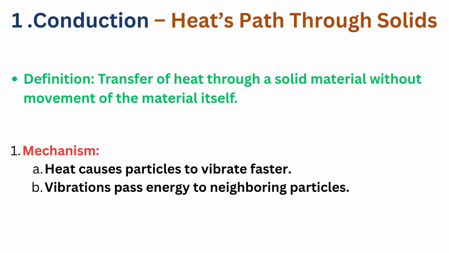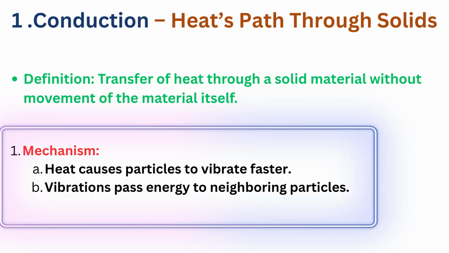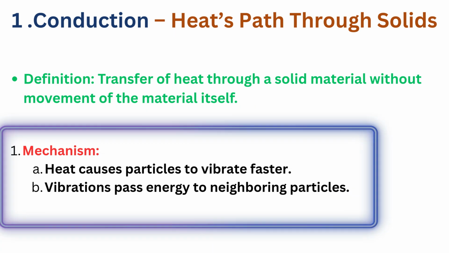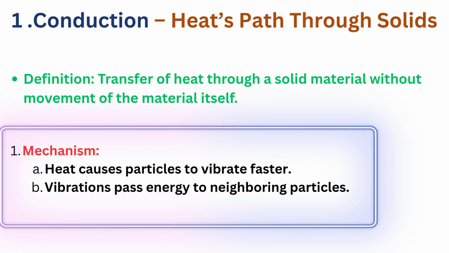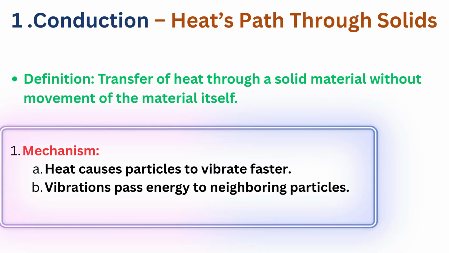When we apply heat to a solid, its particles start to vibrate faster, and this energy gets transferred to another particle, and like this the heat transfers from one particle to another inside the solid, right? It bumps into its neighbor particle and transfers its energy to the next one. This process continues, and this is how heat is transferred in a solid material.